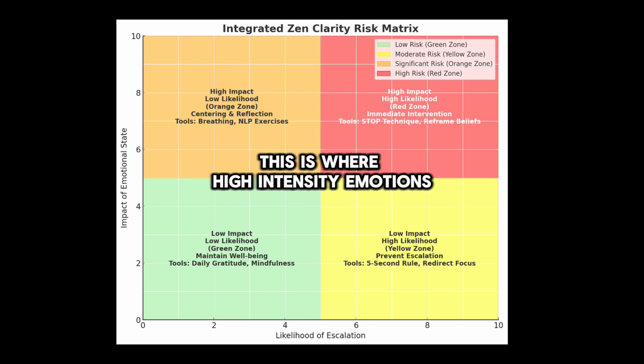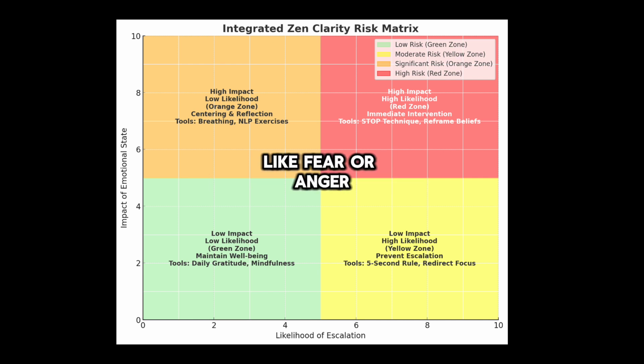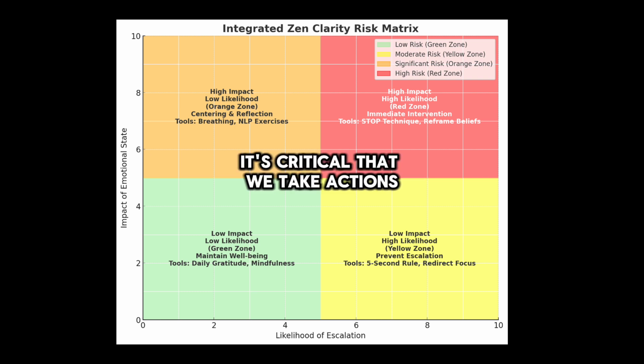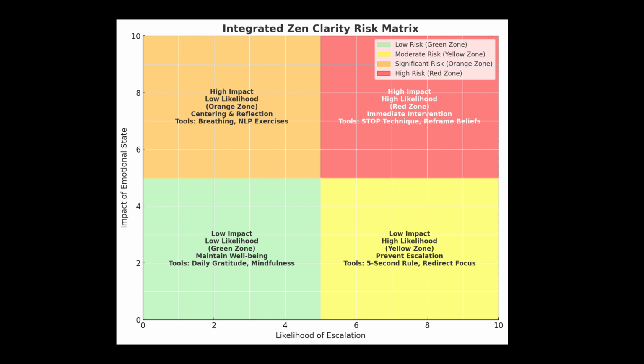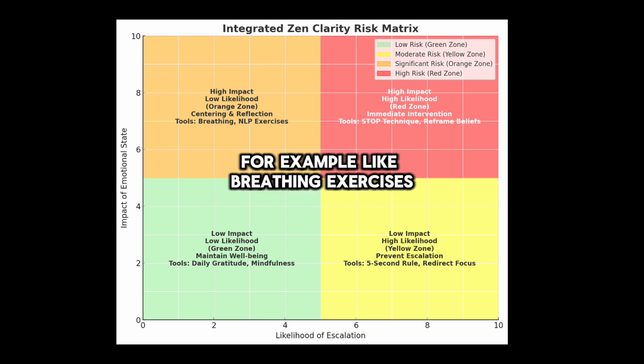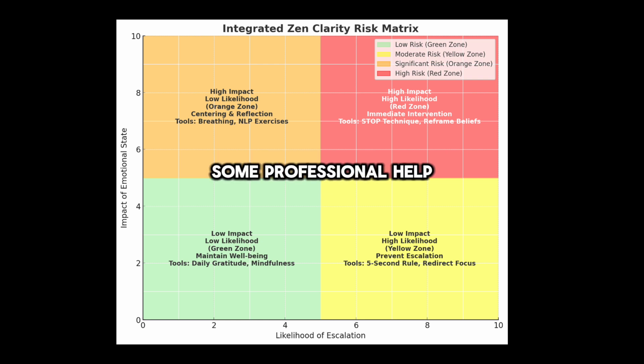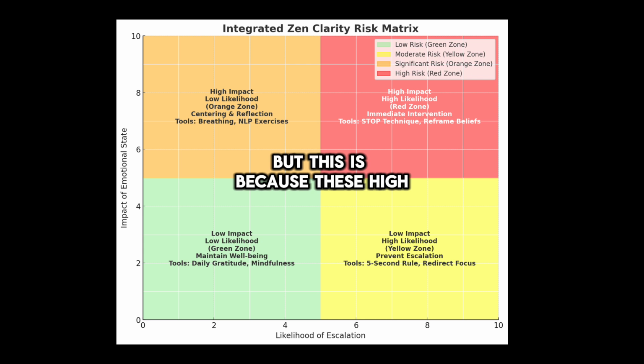This is where high intensity emotions like fear or anger require action. It's critical that we take action immediately, for example breathing exercises, some emotional release techniques, or we may need to seek some professional help.